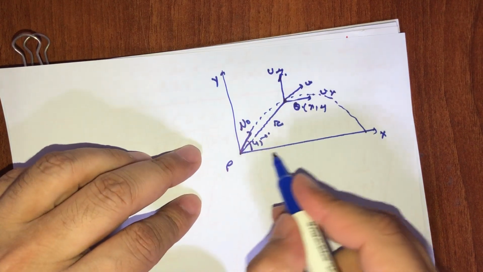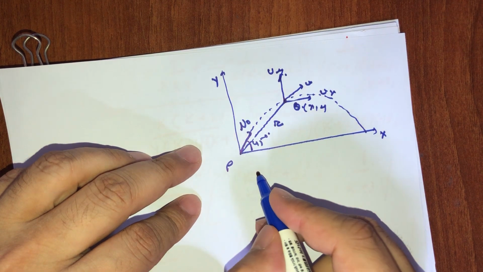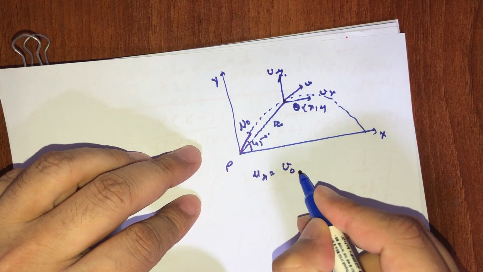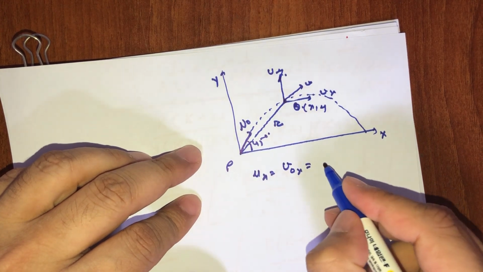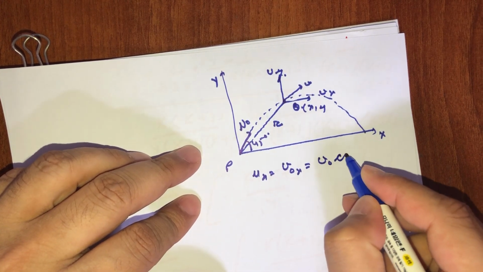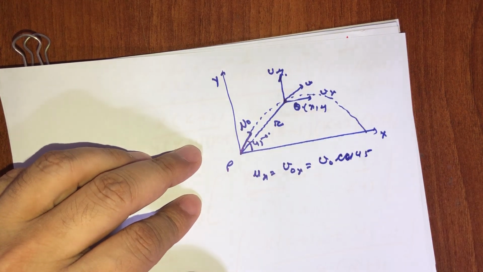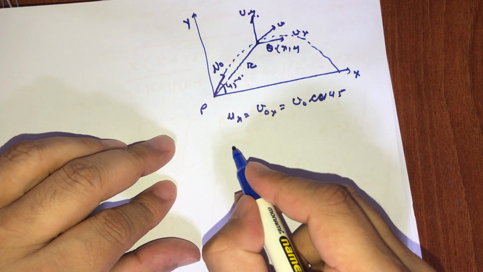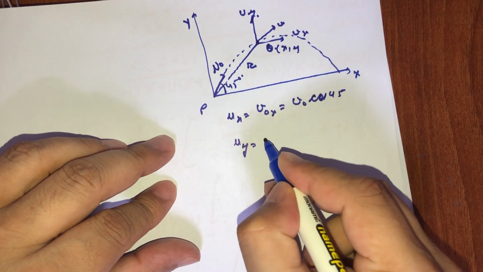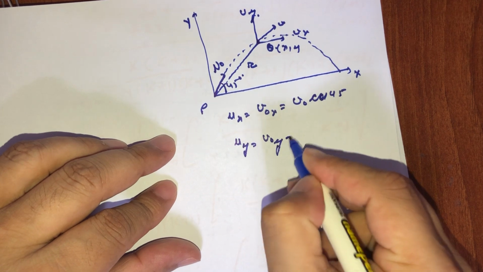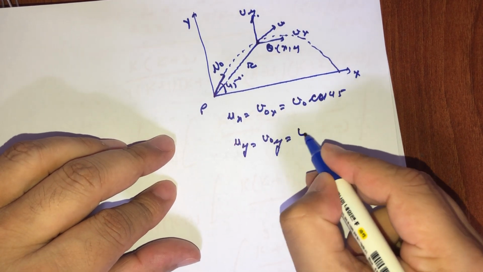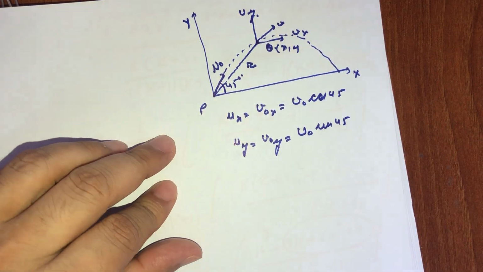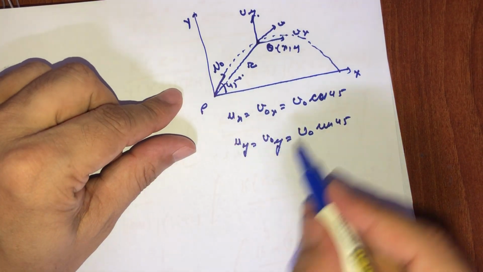So initial horizontal component, that is ux, will be v0 cos 45, and initial component of velocity in y direction will be v0 sine 45.